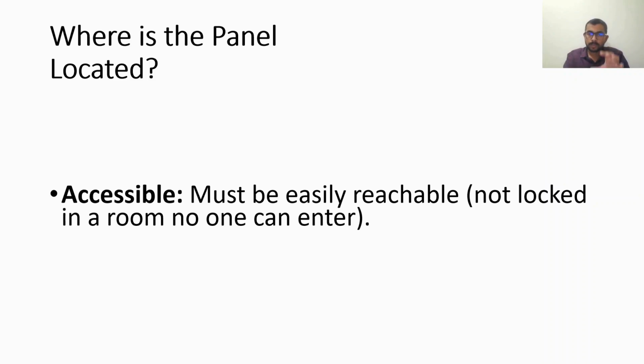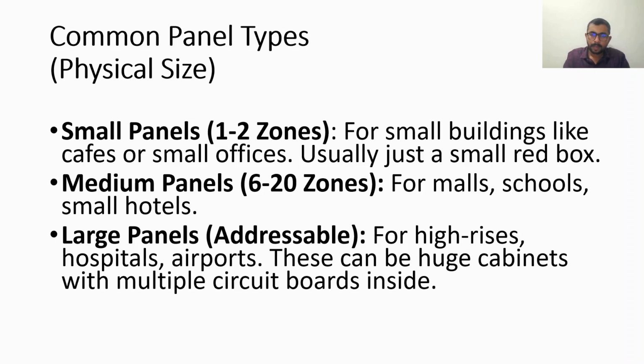So whatever I have mentioned are the three common locations. First one is near the main entrance. The second one is near the remote annunciator panel. And wherever you're installing, it should be easily accessible. That is how you locate the panel.